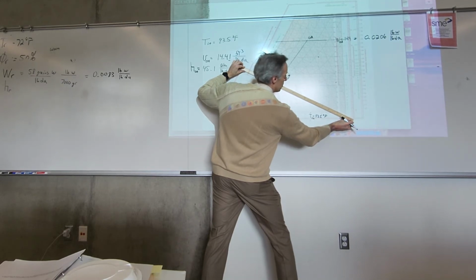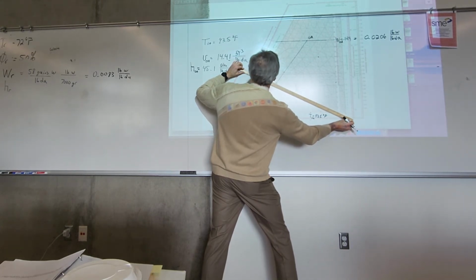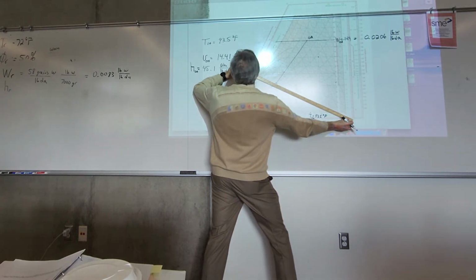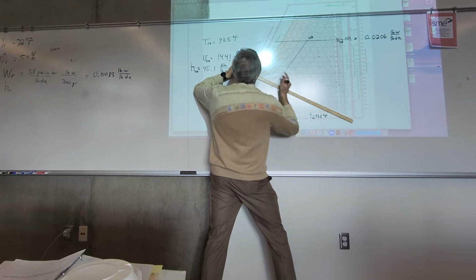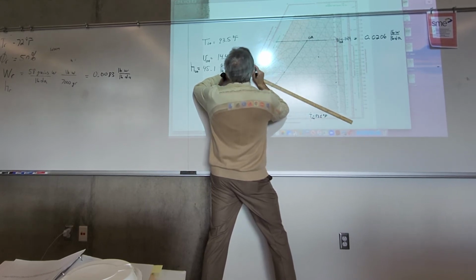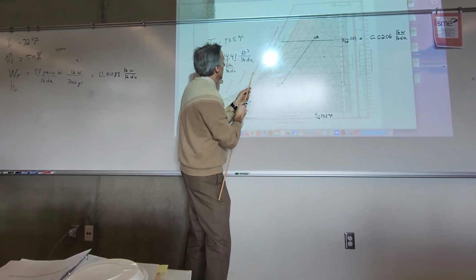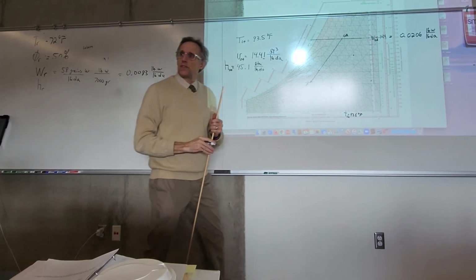So 27 is too high. 26.5. Wow, it looks like it's right on, doesn't it? 26.5. Yeah, I think it looks like 26.5.